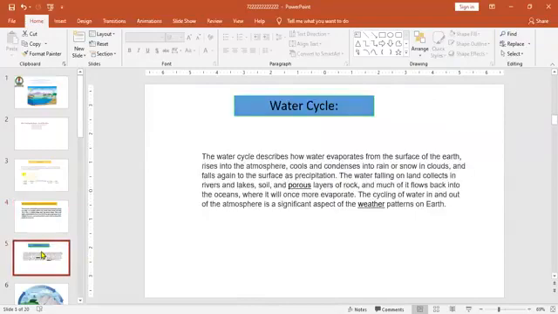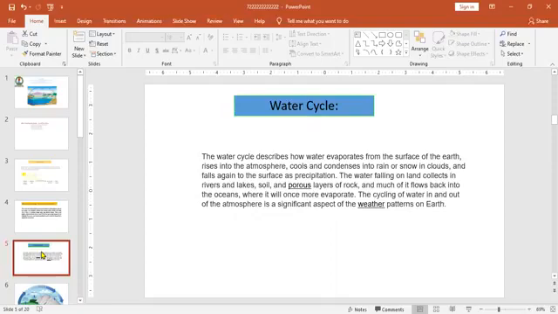Therefore, the water cycle. The water cycle. Does anyone want to say something? Abdullah Noman, say something. Look, the water cycle. The water cycle describes how water evaporates from the surface of the earth. You know, water is vaporized by the heat of sunlight.